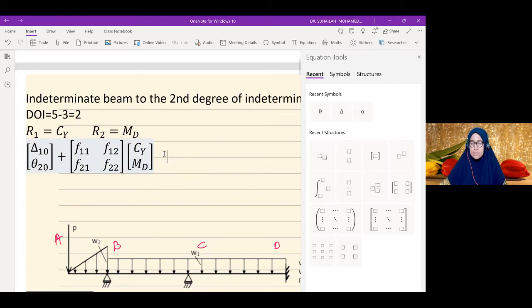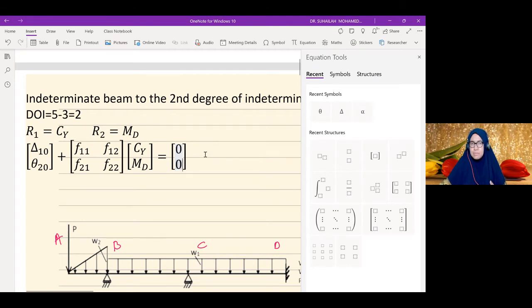And this is equal to 0 when there is no effect of settlement. When there is no effect of settlement, it is just equal to 0. So this is 0, 0.